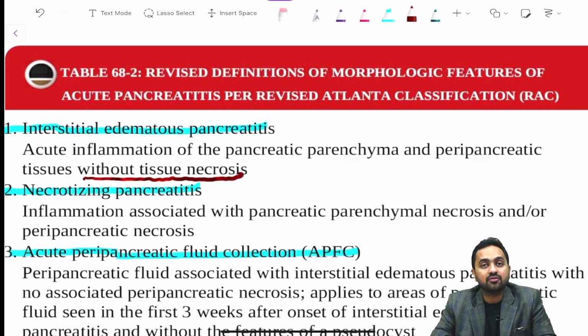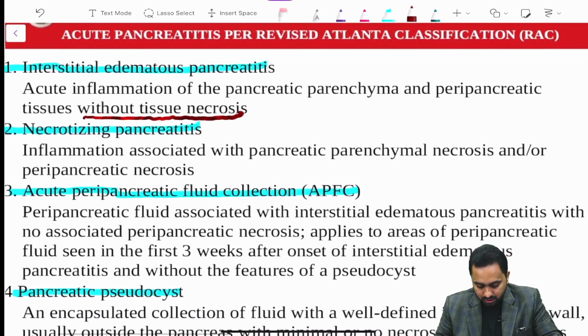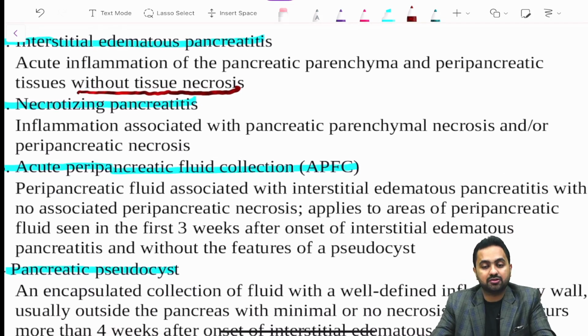Then we have your necrotizing pancreatitis. This is an inflammation associated with the pancreatic parenchymal necrosis and or along with peripancreatic necrosis. So the main difference between your interstitial edematous pancreatitis and your necrotizing pancreatitis is the presence of necrosis in your necrotizing pancreatitis.